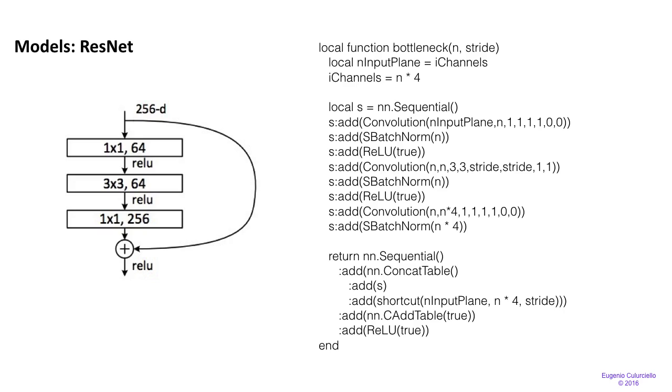Then another 1x1 that brings back the same dimension as before. And then you not only do this, but you also concatenate the input back. So this is what we just described, in Torch: a convolution of 1x1, ReLU, convolution of 3x3, and then convolution of 1x1.